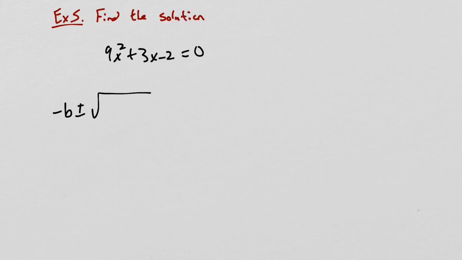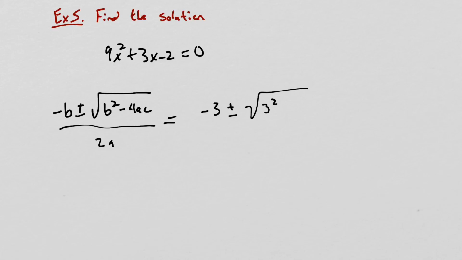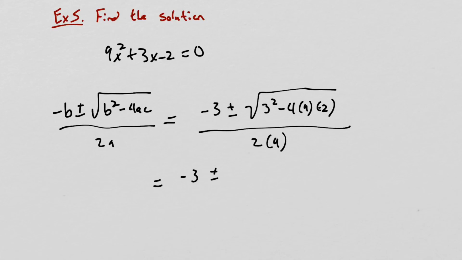Again, we're just going to use the quadratic formula, which is going to be equal to negative 3 plus or minus the square root of 3 squared minus 4 times 9 times negative 2, all divided by 2 times 9. Plugging the part under the square root into a calculator, we get 9 plus 72, all divided by 18.